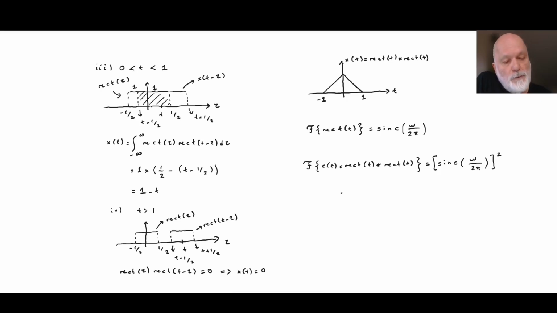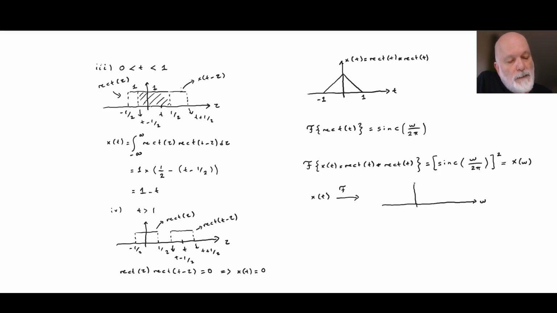In other words, if we have this x of t, the triangular pulse in time domain, in Fourier domain, graphically, the Fourier transform of, we are going to show this as x of omega.